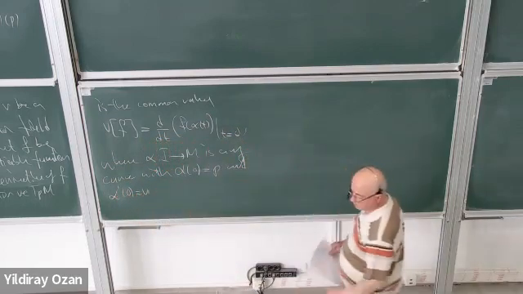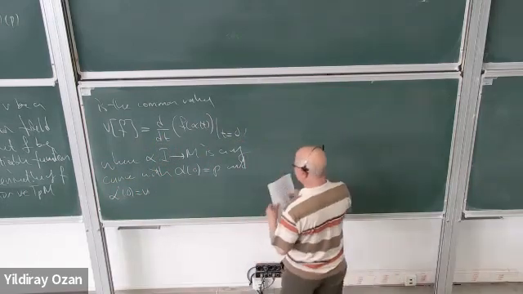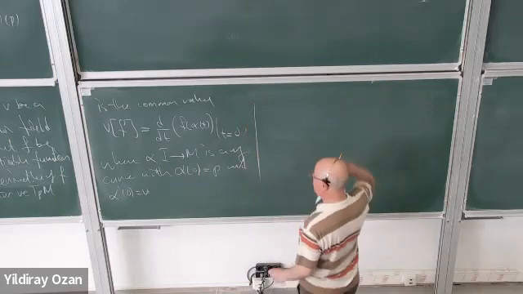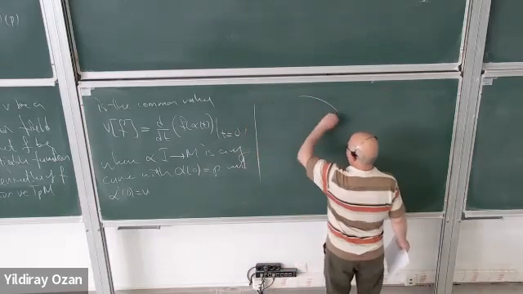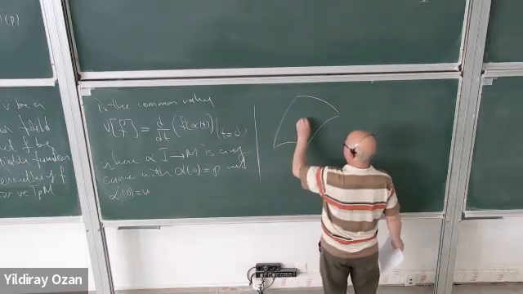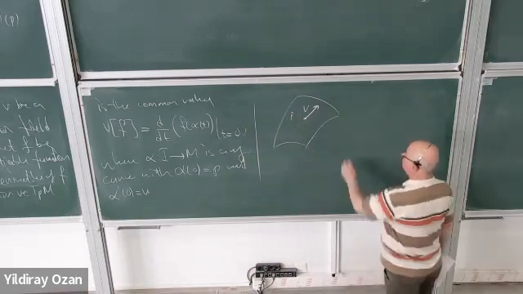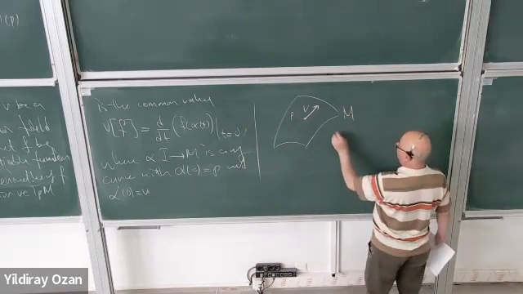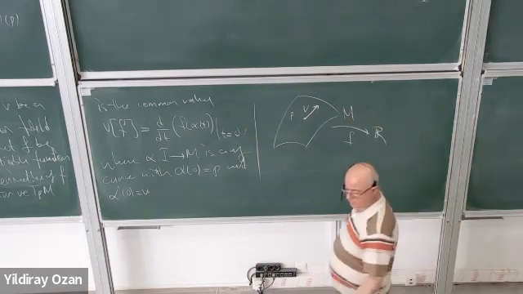Okay. How can we compute the derivative on a surface? Let's say we have a point and a tangent vector, and I have a function f, real valued function.